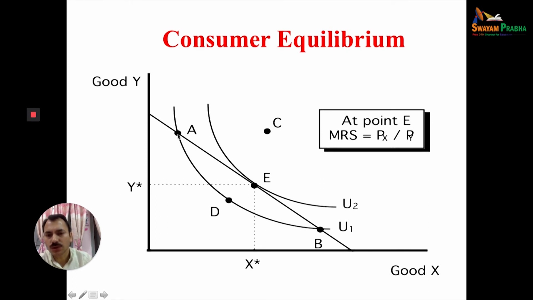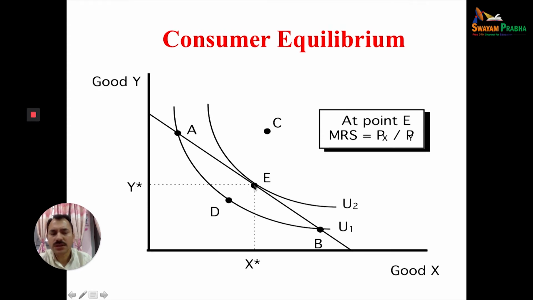No doubt, he can purchase other combinations of goods also. But if you see here, more of Y and less of X. Although he is able to purchase any combination on this line, if he purchases, for example, combination A, then the consumer is not rational, because he is purchasing more of Y and less of X. If you purchase B, then more of X and less of Y. So A and B are not the consumer equilibrium.